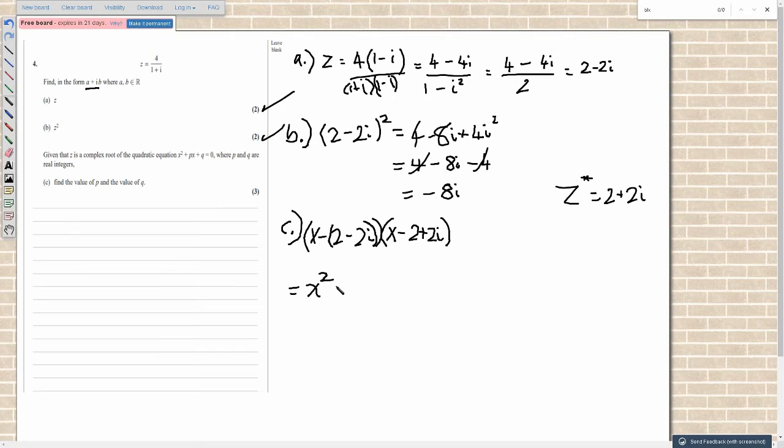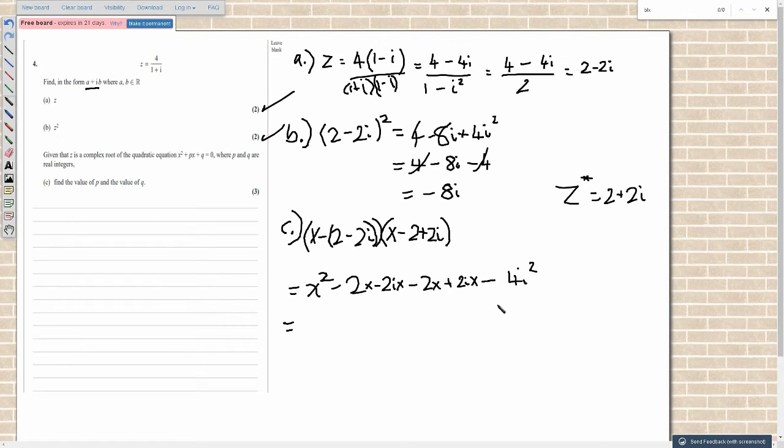But just to save time, what you will get is x squared minus 2x minus 2ix minus 2x again, plus 2ix, so they're going to cancel, plus 2ix and minus 4i squared. Sorry, that's a bit far away. Minus 4i squared. So that's what you'll get if you expand across correctly.